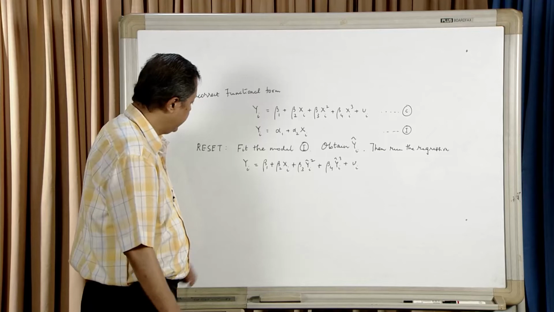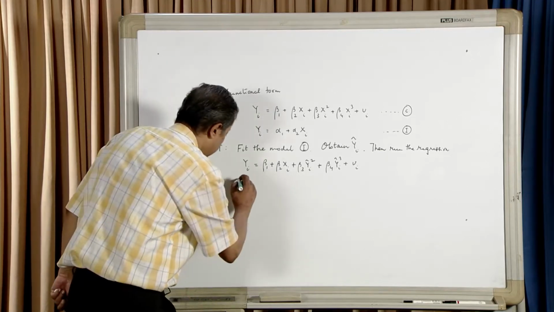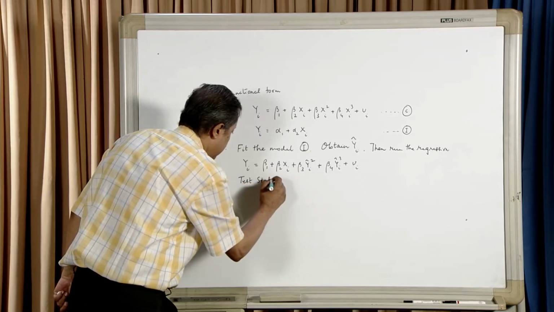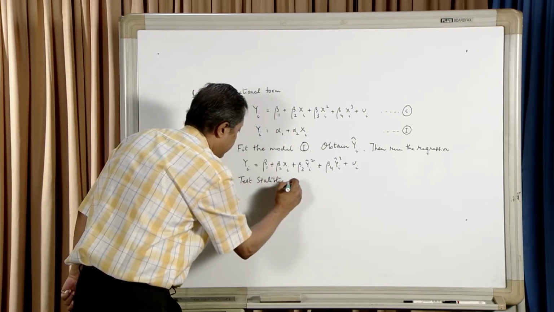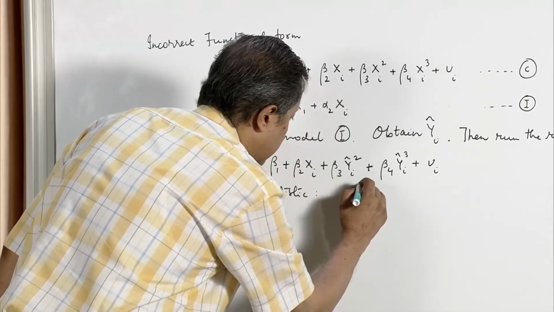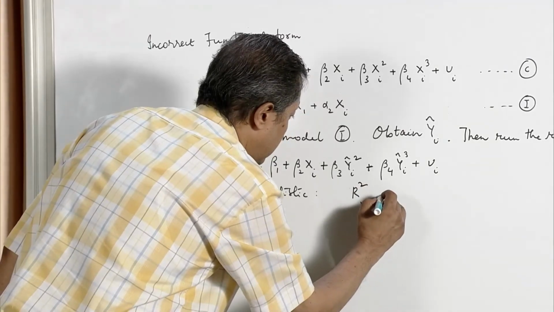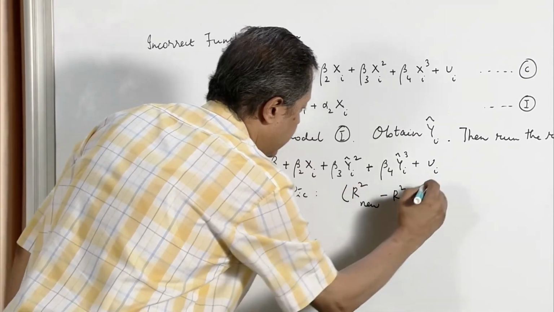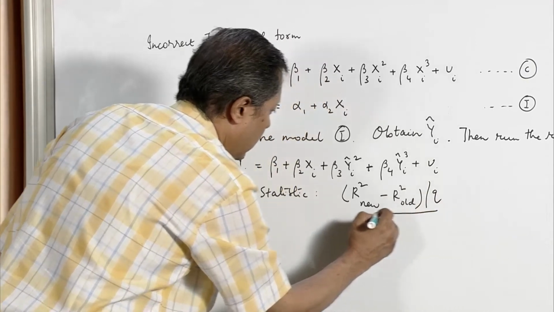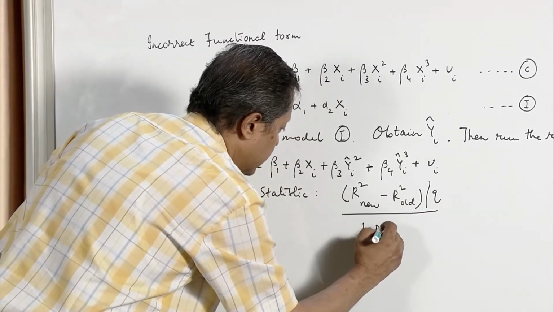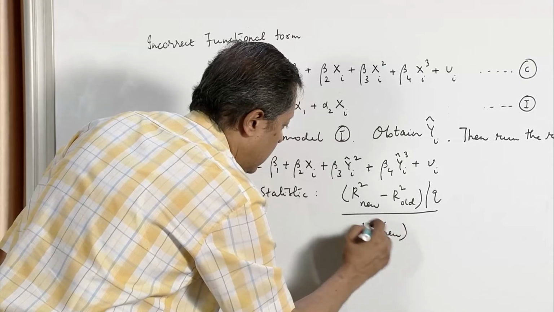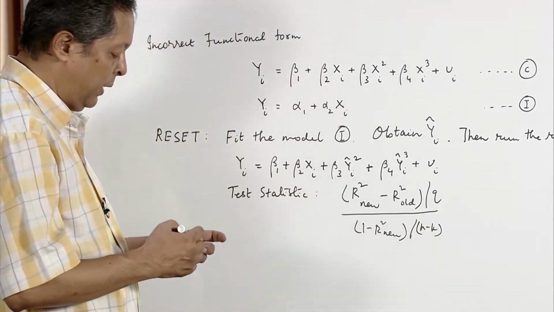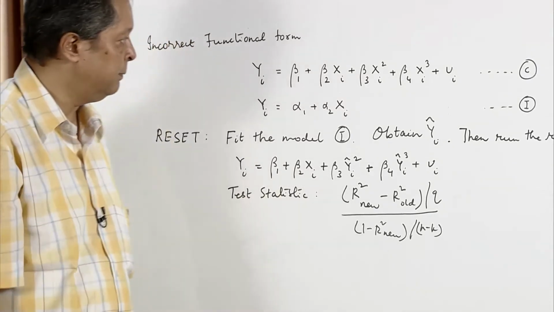And now the test statistic that we use is given by r square new minus r square old divided by q, all upon 1 minus r square new divided by n minus k. Let us explain what this means.